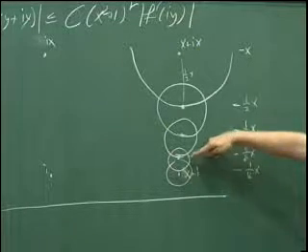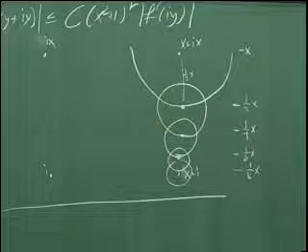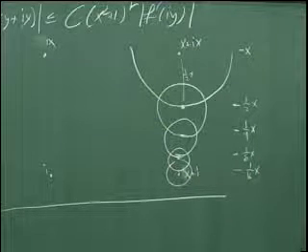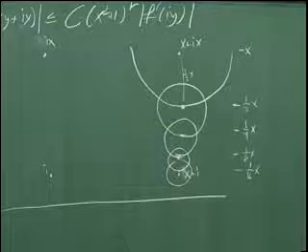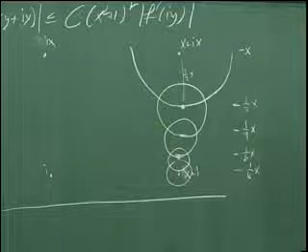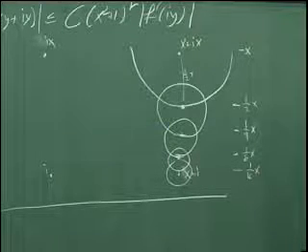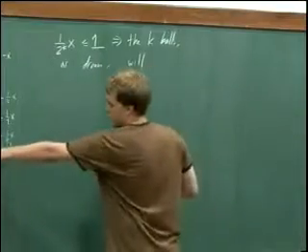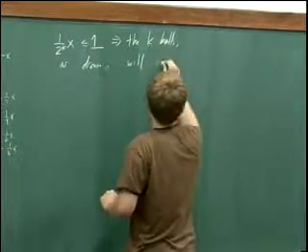As soon as our center is below x plus i, so as soon as 1/2 to the k times x is below 1, then we'll know that the k balls, as drawn, will contain x plus i in their union.